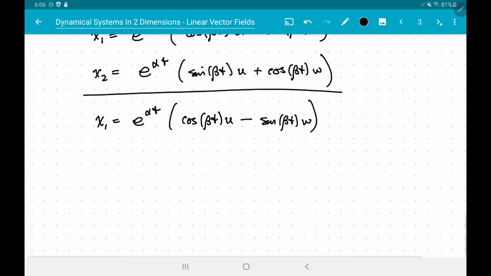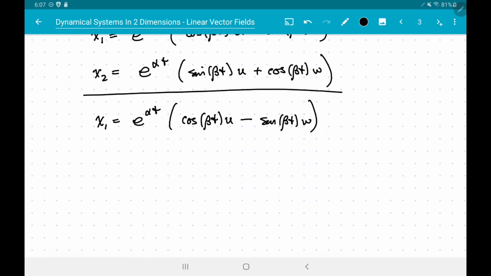So u and w are vectors. The cosine part and the sine part are going to oscillate. The e to the alpha t part will either grow or decay depending on whether alpha is positive or negative.